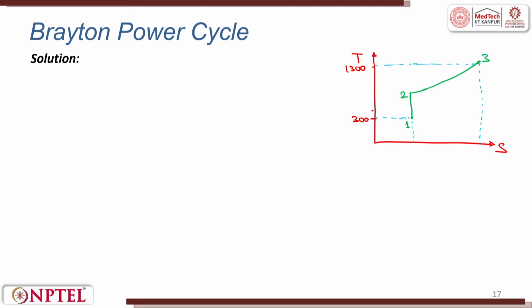From here we have 3 to 4, isentropic expansion. Then 4 could be connected to 1.